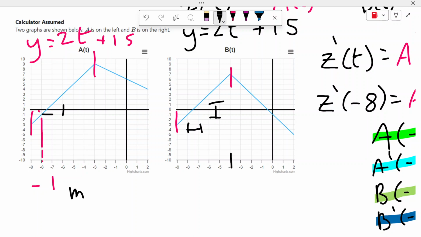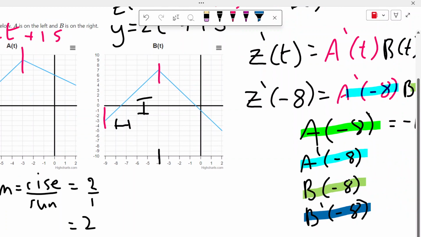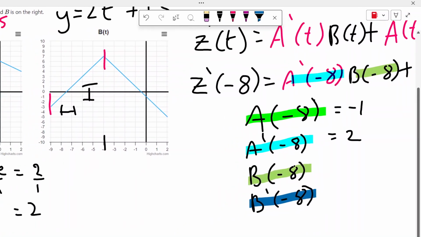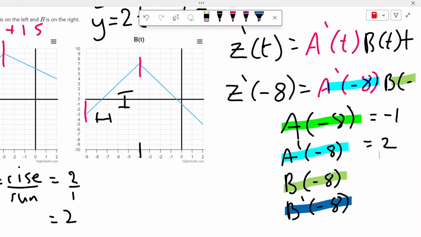So our m is equal to rise over run, and this is equal to 2 divided by 1, which is 2. So our gradient here is going to be equal to 2. Now, we can go across here and again go up to minus 8. See that it crosses at minus 1 there. And again, the same sort of thing as before, our gradient is equal to 2.